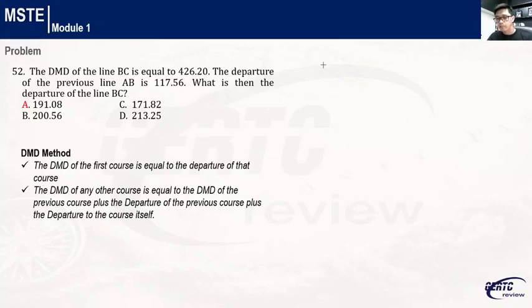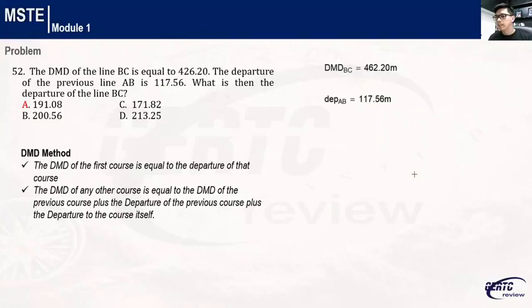So by the way, ilagay muna natin DMD of BC is equal to 462.2 meters. That is in meters, na. Then the departure of the previous line. So these are the givens, no? The previous line must be the line AB, of course. That is 117.56 meters. Okay, ito yung given natin.